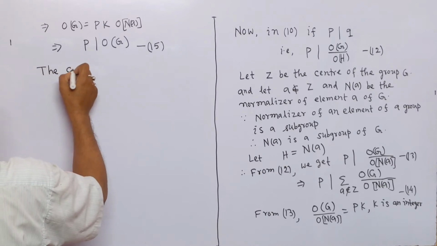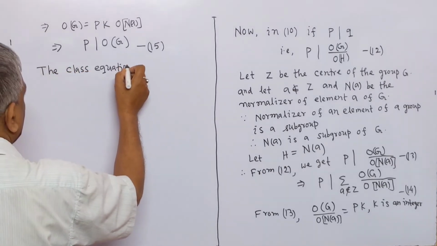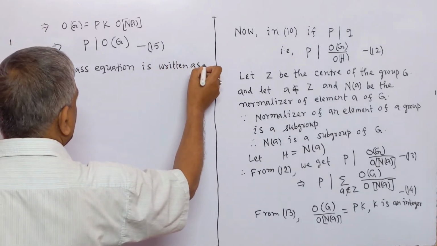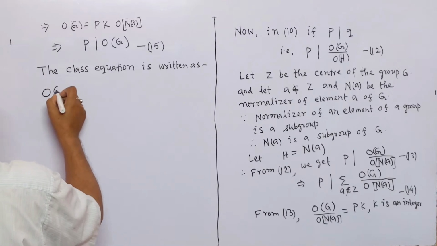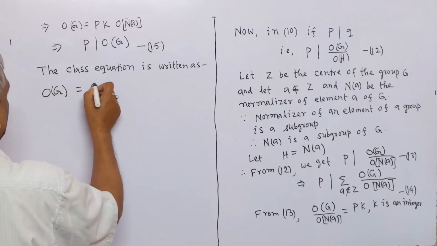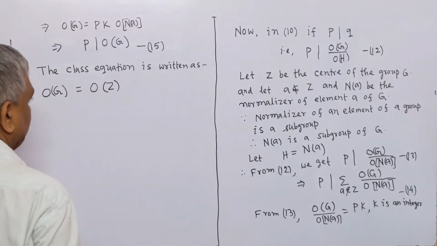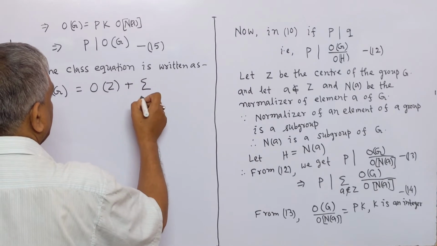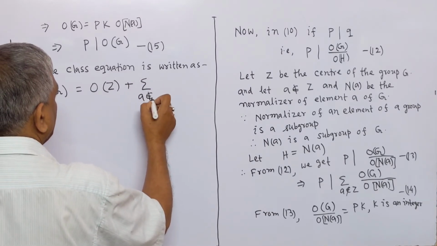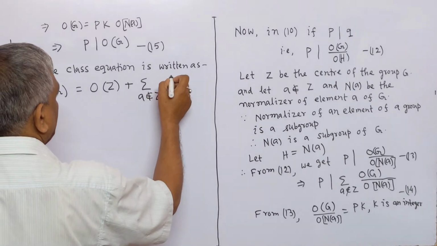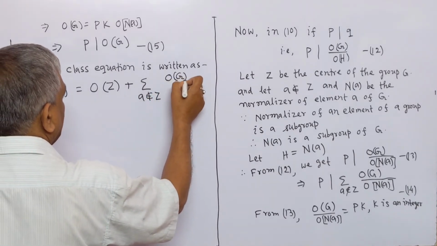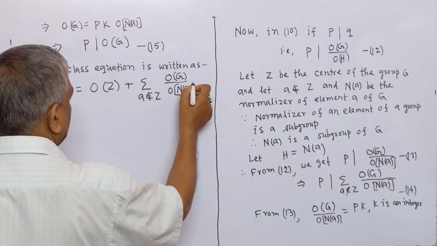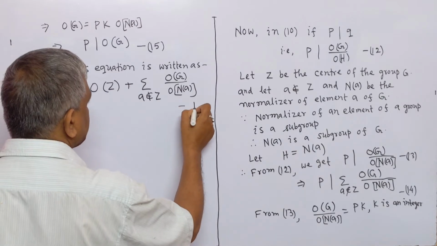The class equation is written as order of G equals order of Z, where Z is the center of the group, plus the sum over A not belonging to Z of order of G by order of NA. This is number 16.